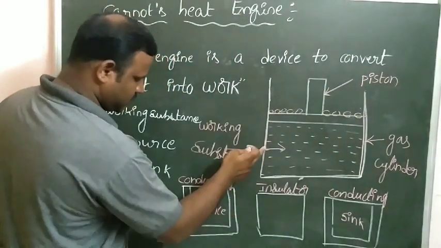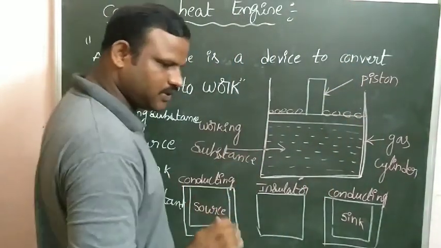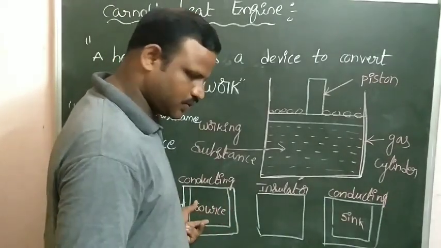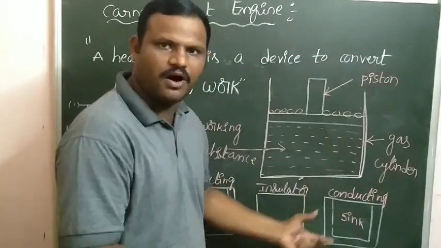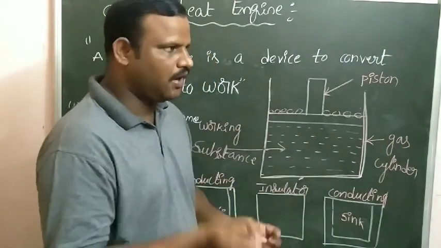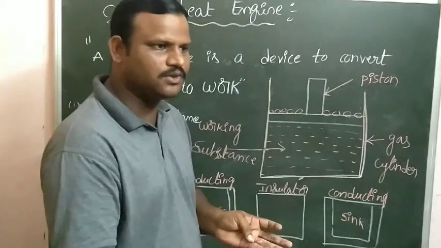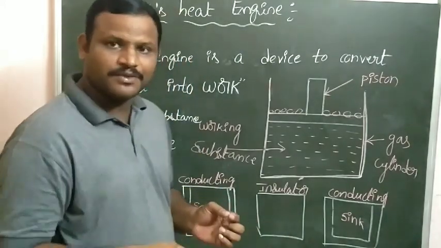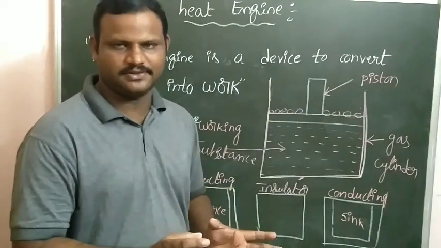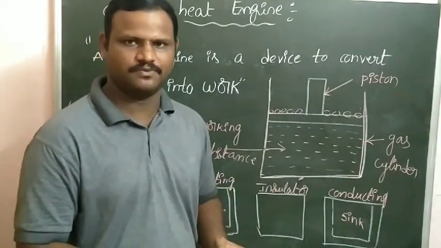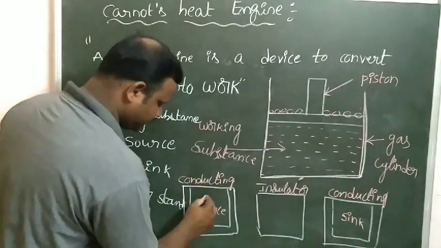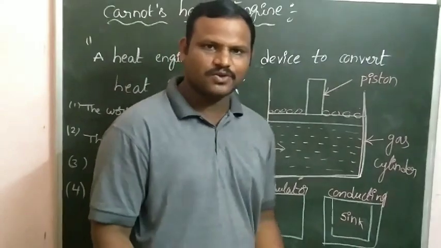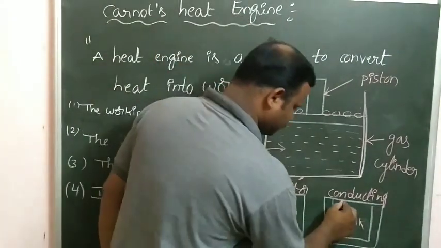This is the conducting, which flows heat to the source and to the sink, hot water, cool water. Source is a high thermal heat energy. The temperature is T1 K. Sink is cool. The temperature is T2 K.